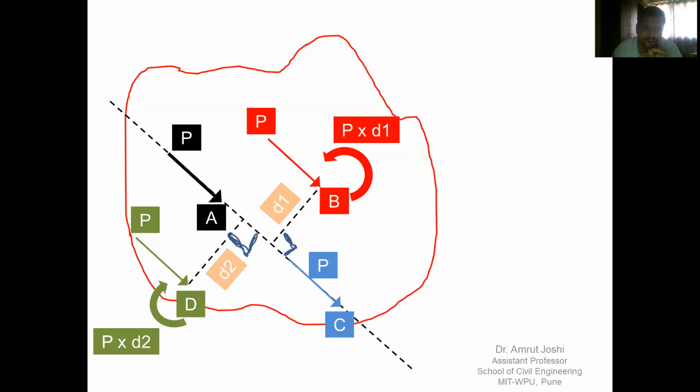For example, for all points on the body on the left hand side of the line of action of force P acting at A, this force is going to introduce a clockwise moment, whereas on all the points of the body on the right hand side of the line of action of this force acting at point A, it is going to introduce an anticlockwise moment.